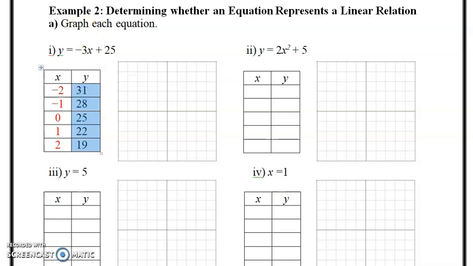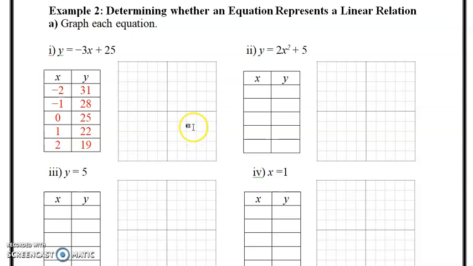Okay? So those are the corresponding y values to the x values used by the equation. You'll notice that the x values go up by 1, so there is a common difference of 1. The y values go down by 3, so there is a common or constant difference, right? So this indeed is a linear relation.